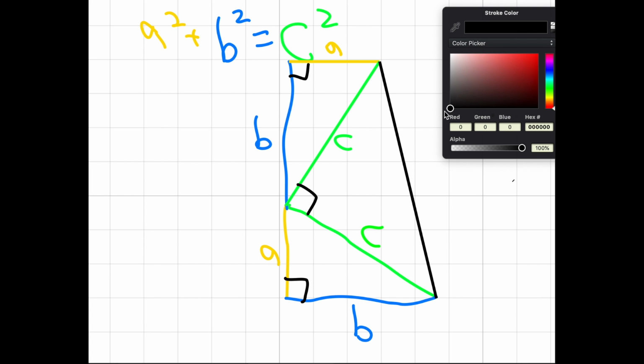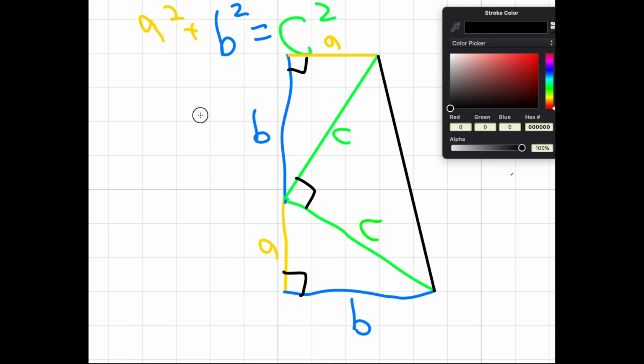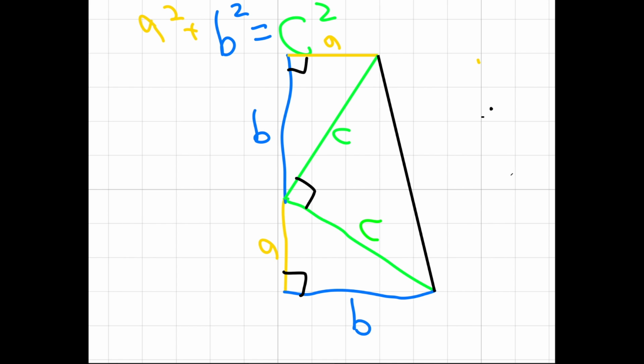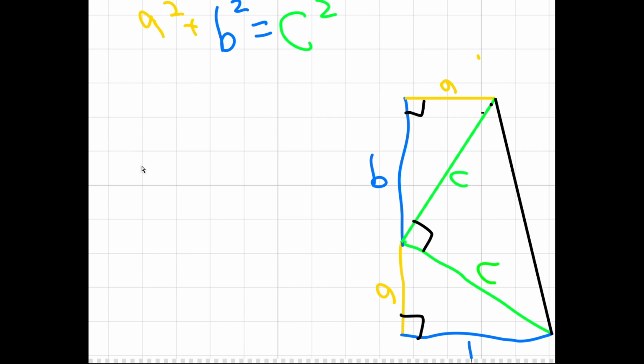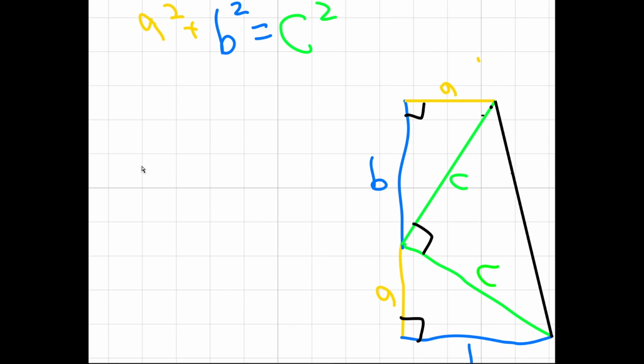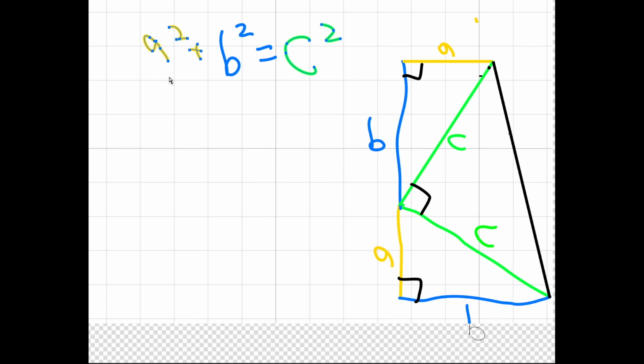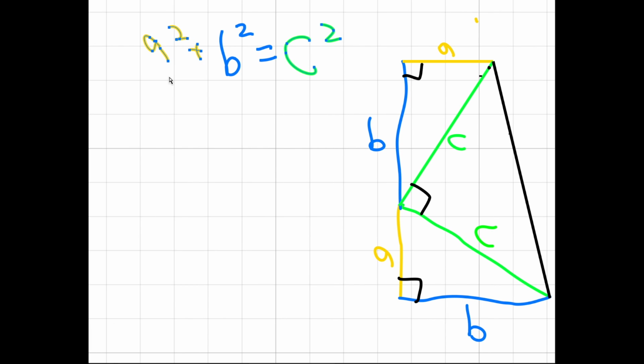So we are going to draw that in. I am going to move this a little. Okay, so now we have moved it over here. Now let's try and find the area of this trapezoid.